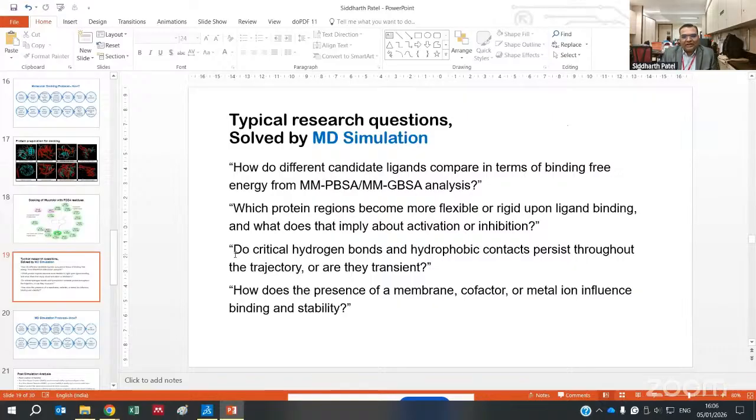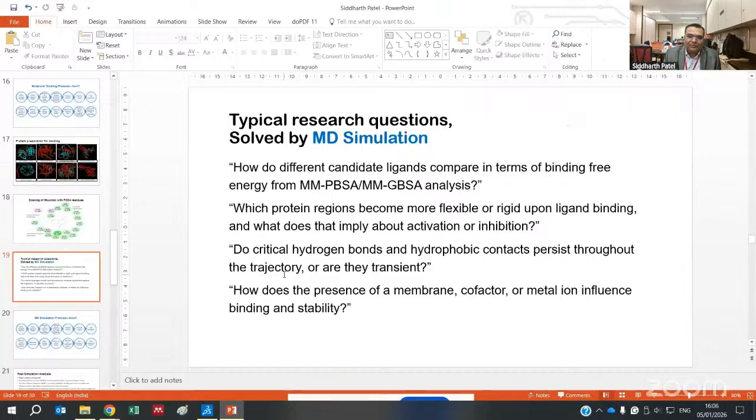Do critical hydrogen bonds and hydrophobic contacts persist throughout the trajectory? Trajectory means the time, the entire process of reaction or interaction. We call it trajectory in silico study. So trajectory is nothing but the process, maybe 100 nanoseconds, 250 nanoseconds. Those are the trajectory times that we are allowing the molecule to react with the protein.